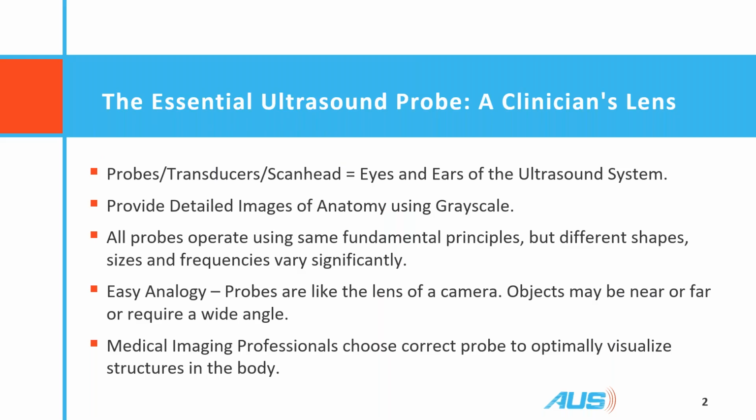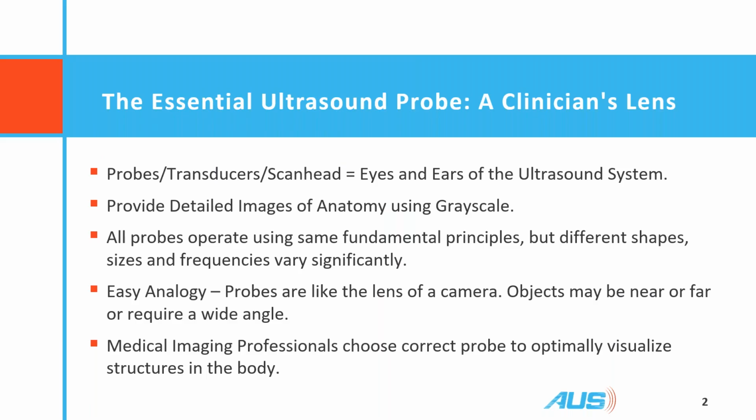All probes operate using the same fundamental principle, but the different shapes and sizes vary significantly. There are different frequencies, different uses, different clinical applications, if you will. But I like to use an easy analogy when we're talking probes. A probe is like the lens of a camera.